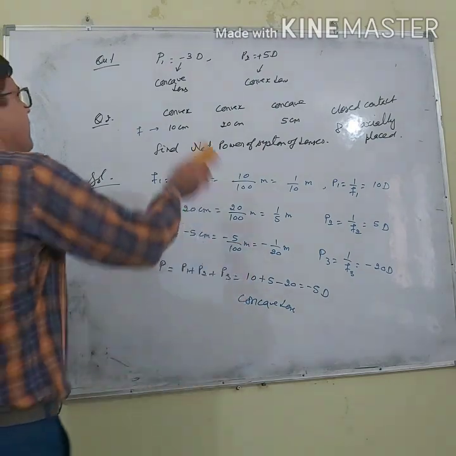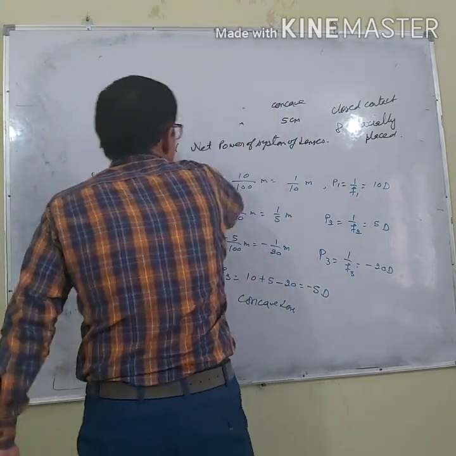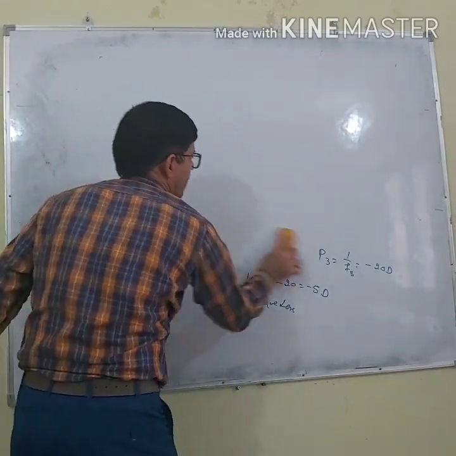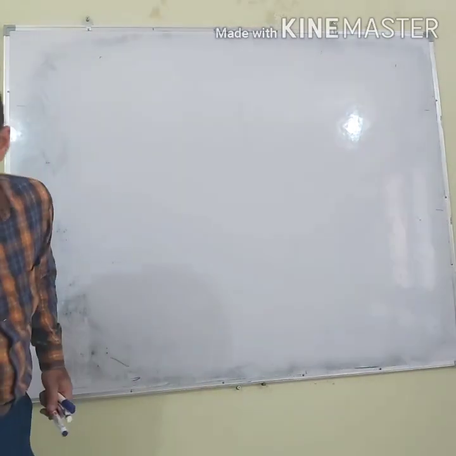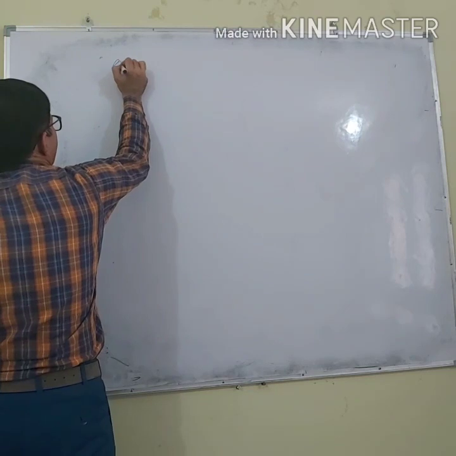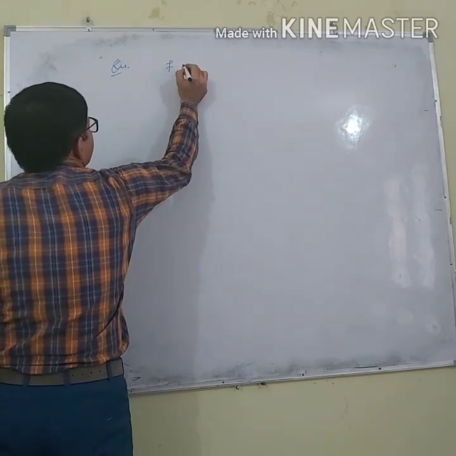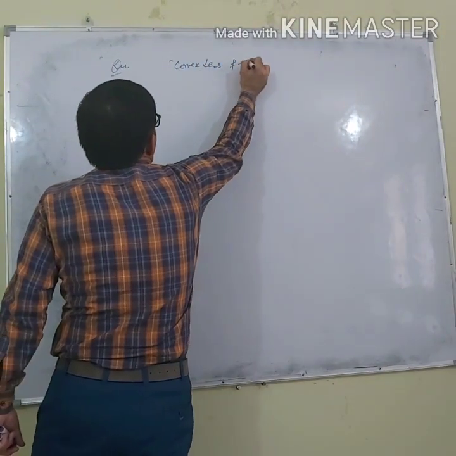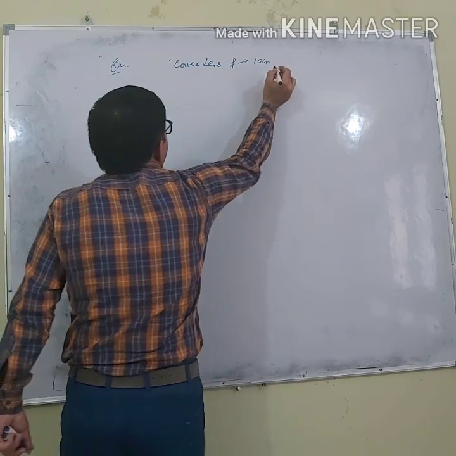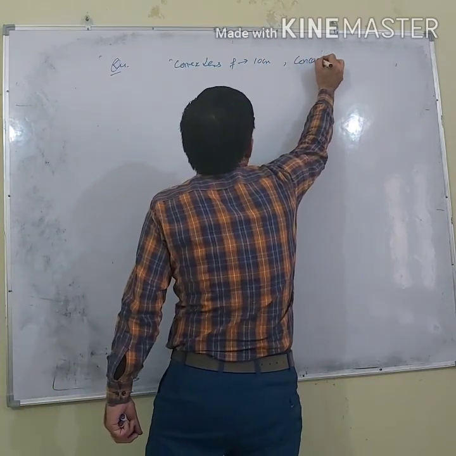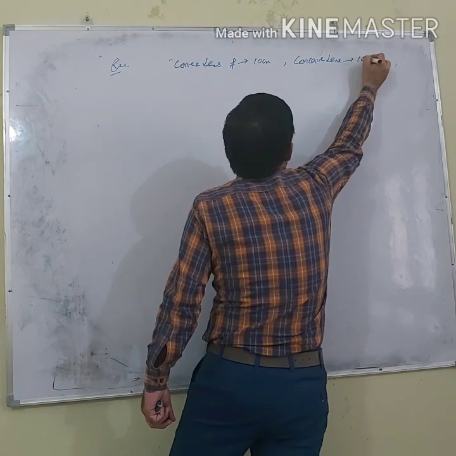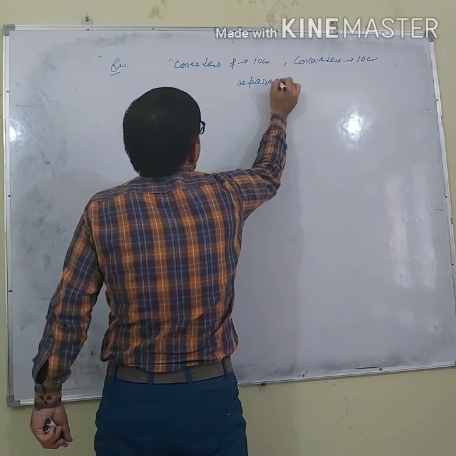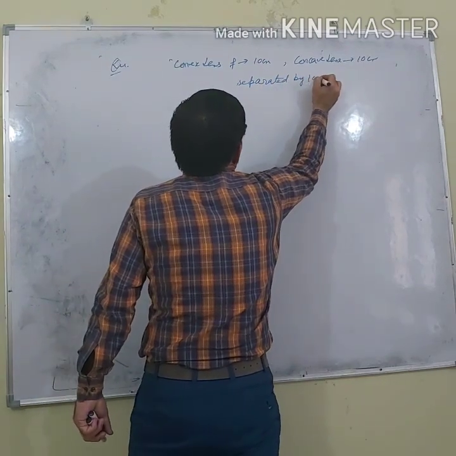Next question is, okay, very simple question I am asking you. What am I given? I am given one convex lens of focal length 10 centimeter, another concave lens of focal length 10 centimeter, separated by 10 centimeter.